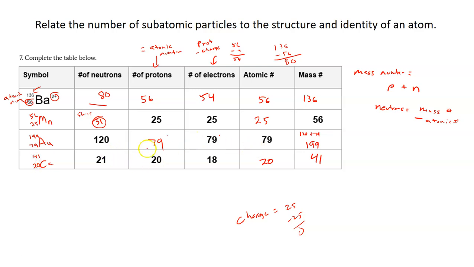Okay, so it looks like we're almost done except for this number and this number are not equal, which means we have a charge. 20 minus 18 equals 2. That is a positive 2. So I've got to remember to put that 2 plus up there in that corner of that calcium ion.